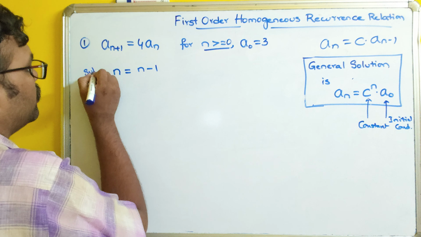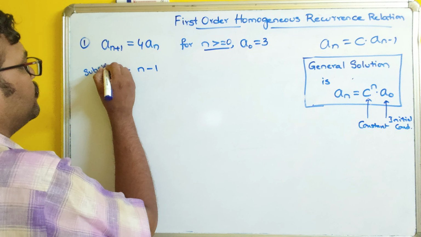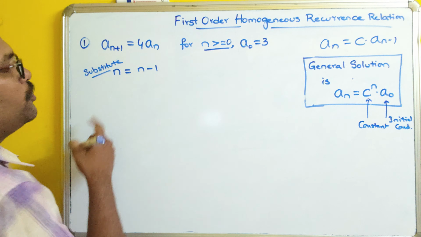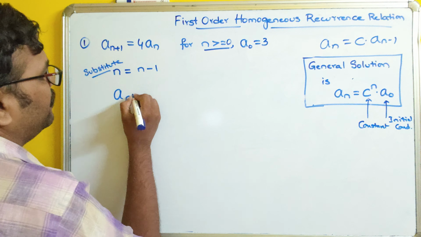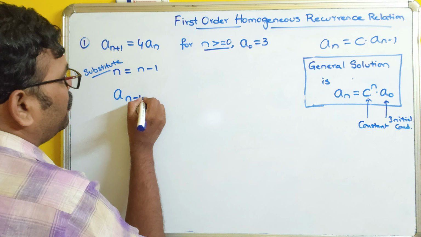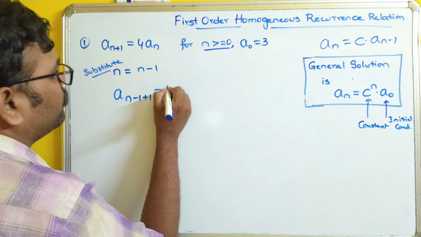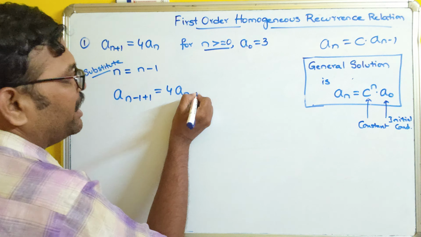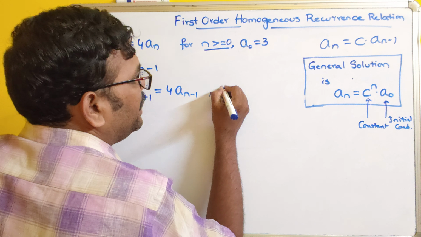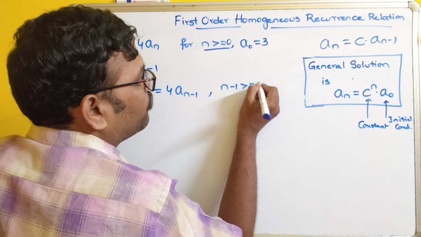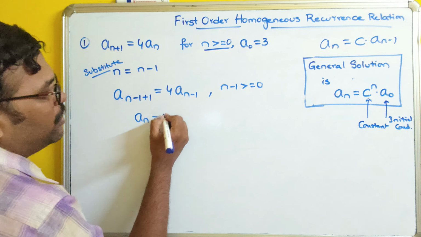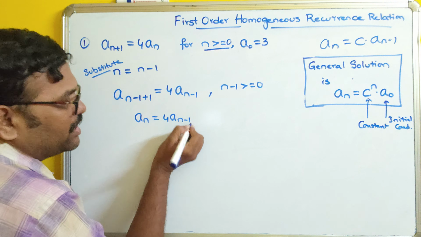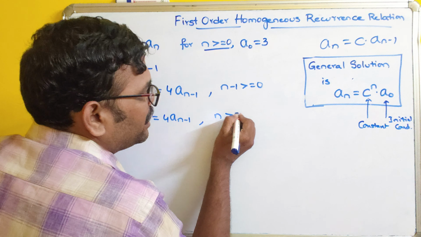So substitute n is equal to n minus 1. So a_(n-1+1) is equal to 4a_(n-1), and here n minus 1 is greater than or equal to 0. So this becomes a_n is equal to 4a_(n-1), and this becomes n greater than or equal to 1.